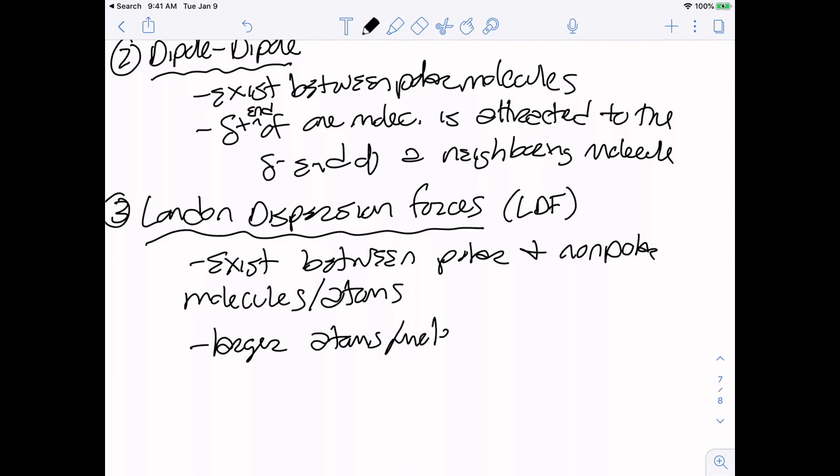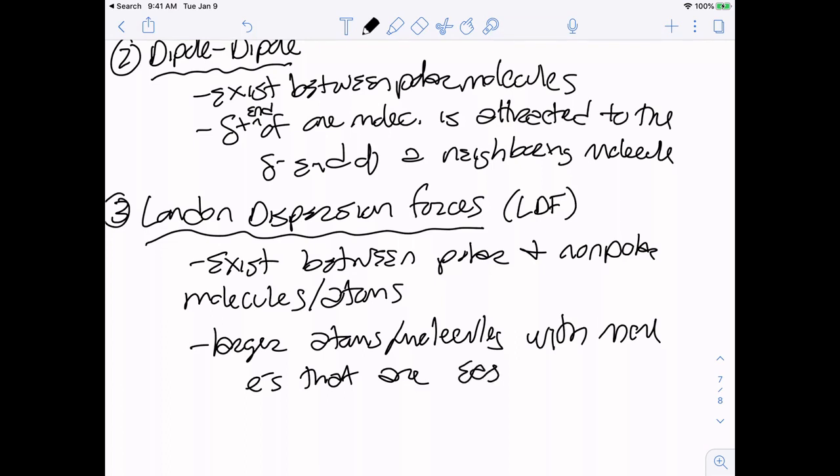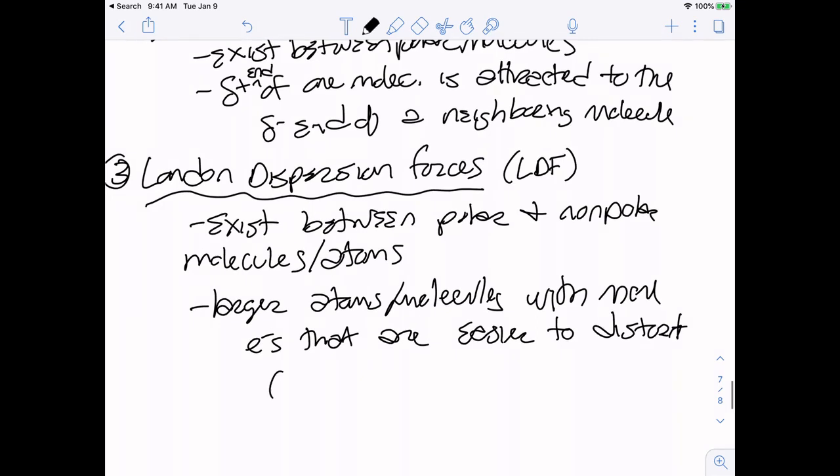So we said larger atoms or molecules with more electrons are easier to distort. And our word for that is that they're polarizable. If something is polarizable, it has a lot of loosely held electrons that are easy to distort. So we can have induced dipoles pretty easily if something is polarizable.